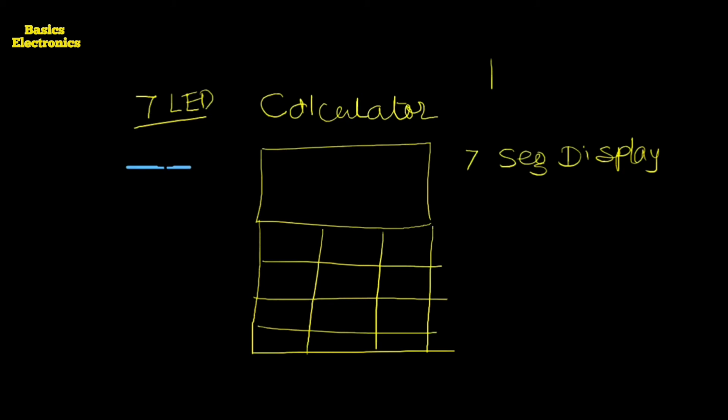So this line is one LED and it looks like a segment. So 7 segments are there. The segments are placed in such a way that when all the segments glow, then it looks like the decimal digit 8. So this display we call the 7-segment display.